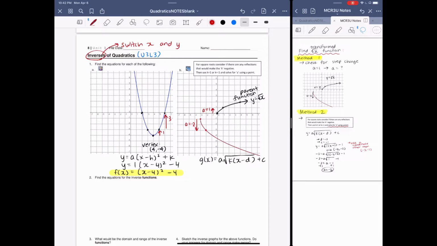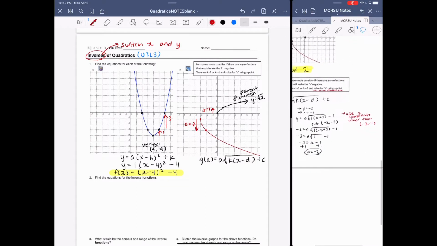That would be a quick way of figuring out your a value, or you can use method 2, which is to figure out what the k value is, and k would equal 1 in this case because there's no reflection along the y-axis.